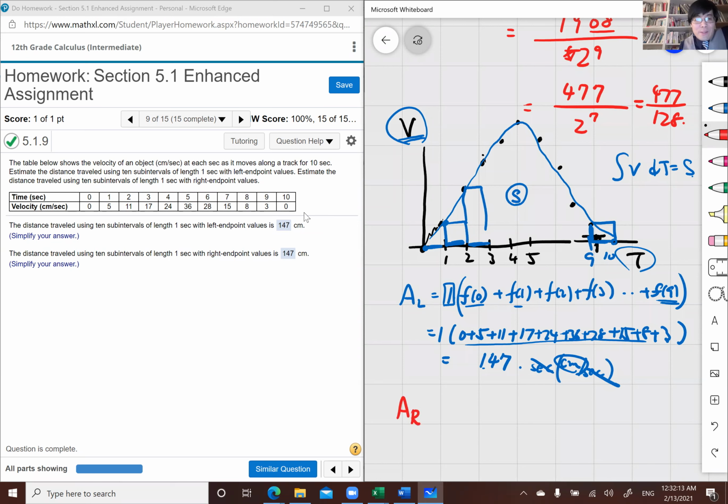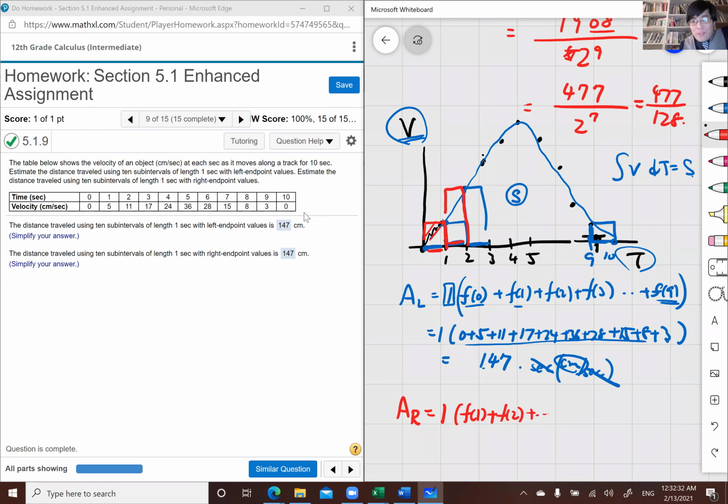For the right estimation, you're going to have the same interval length, but you're going to use the right endpoint to make a rectangle. So you start with f of 1. For the second interval, you're going to use f of 2.